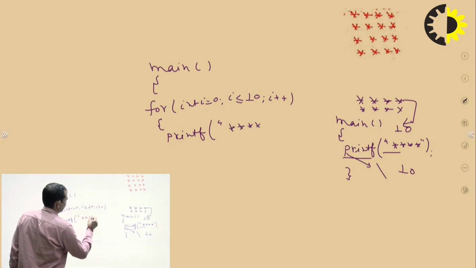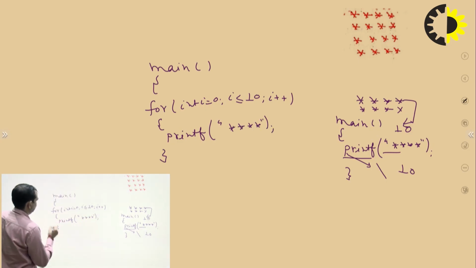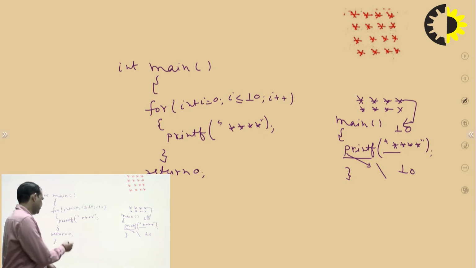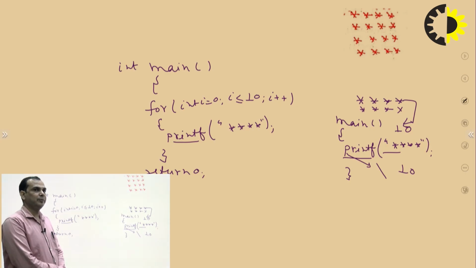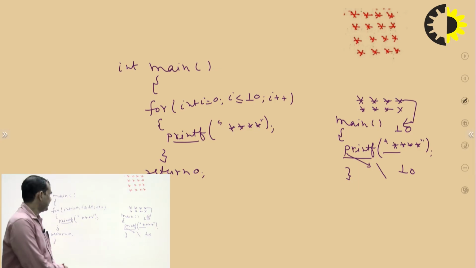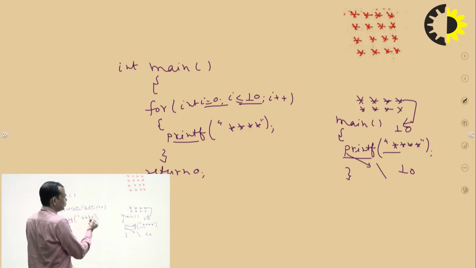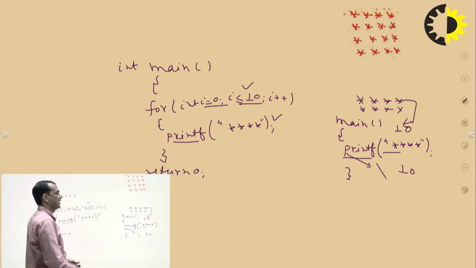How many stars do we have to print? Then we use return 0, and then we execute. So we do not need repetition of this line multiple times. We use it only a single time and apply the for loop. It will execute the code multiple times, and until this condition is true, it will print this line again.